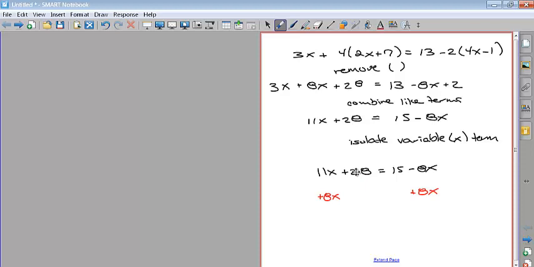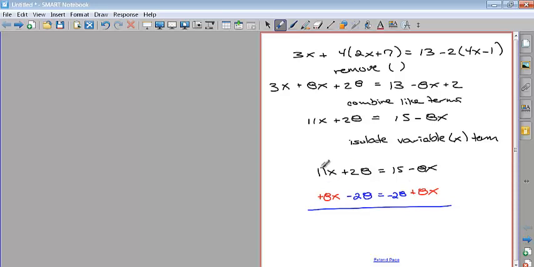I want this, which is my constant term, to be on the other side. So I want to get that to disappear, so I add the additive inverse. So I add negative 28 to both sides. Then I add the two equations. So this is equal because I said it was, and this is equal because it's the same thing on both sides.